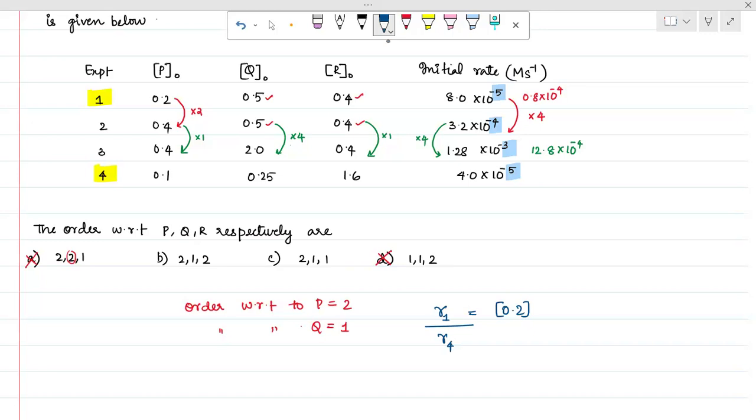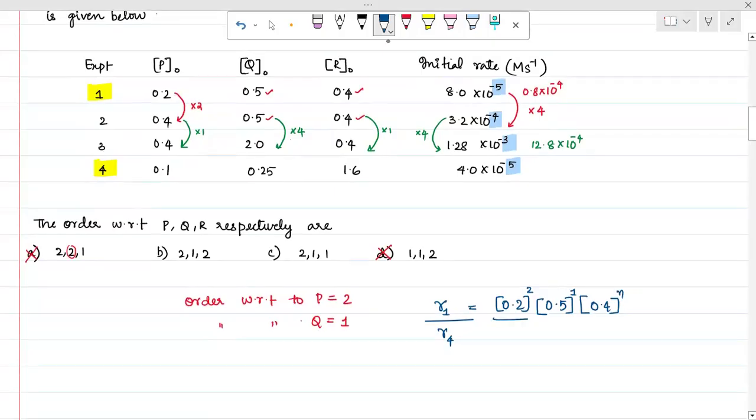It is second order, so it will become to the power 2, into concentration of Q is 0.5 to the power 1, concentration of R is 0.4 to the power, you don't know, let's put it n, divided by the fourth experiment, your P concentration is 0.1 to the power 2, concentration of Q is 0.25 and your concentration of R is 1.6, whose power you don't know.